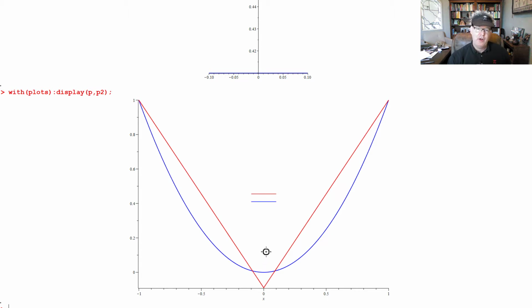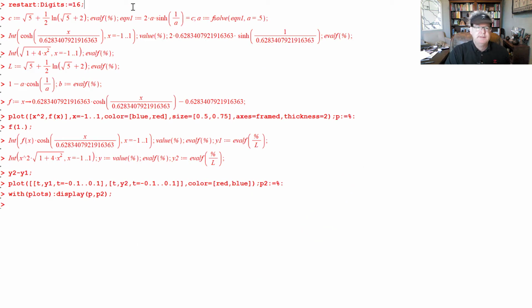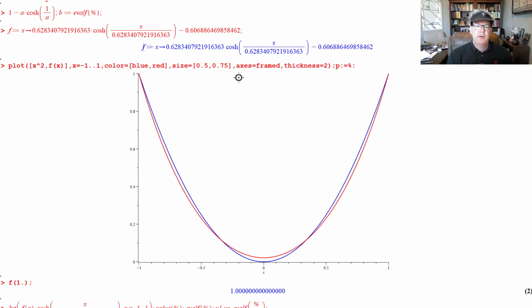The parabola almost has the minimum center of mass, but by a little bit less. Let's see what we can do. We can do the hyperbolic cosine. So here is going to be the hyperbolic cosine function that'll go through the points negative 1, 1, positive 1, 1, just like the parabola, and will have the same length as the parabola.